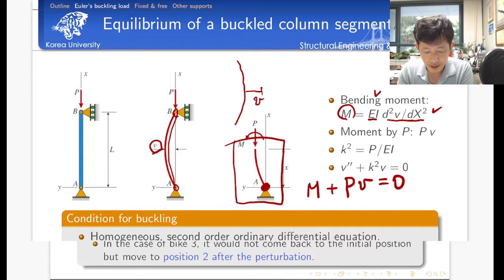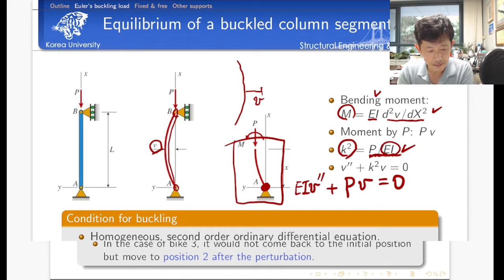Then instead of bending moment, I plug in the flexural rigidity and the second derivative of the deflection. Let's divide by the flexural rigidity. To emphasize, P over flexural rigidity is a positive quantity because I consider P positive, and instead of P over EI, I put k square here.